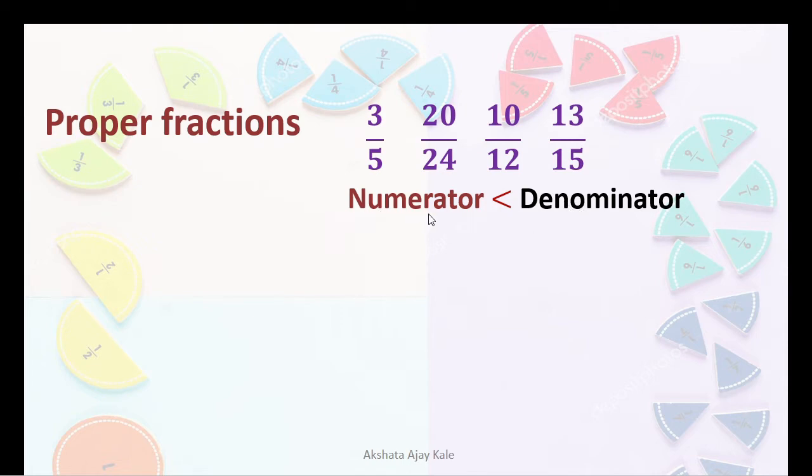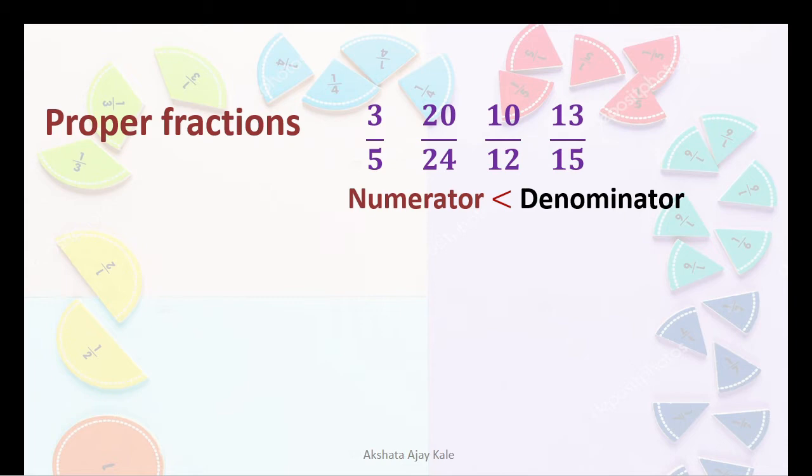Please observe the numerator and denominator. See here, the numerator is 3 and the denominator is 5. Means the numerator is smaller than the denominator. Here 20 and 24, 10 and 12, 13 and 15. In all the 4 cases, the numerator is smaller than the denominator.